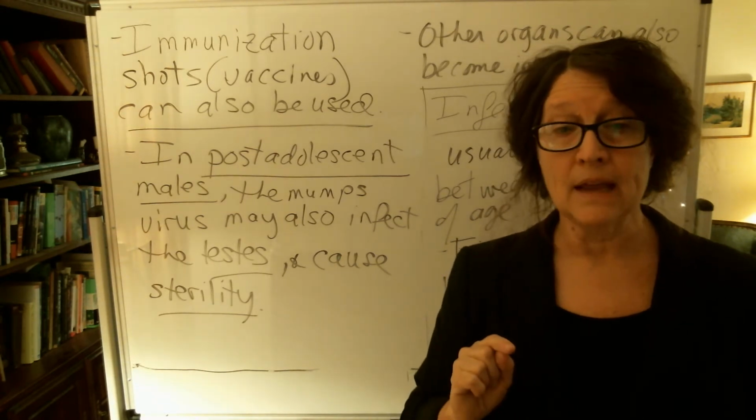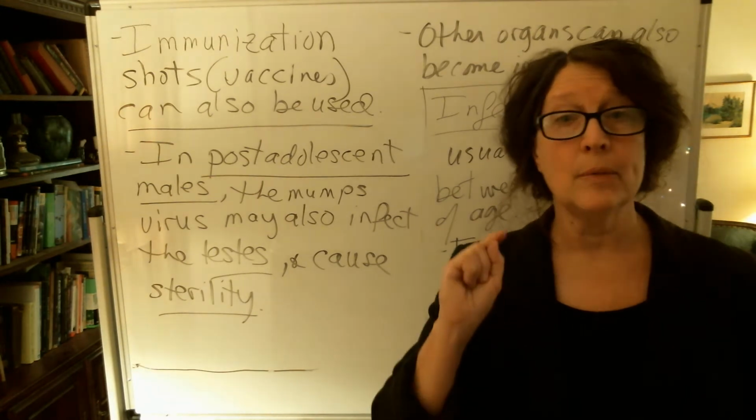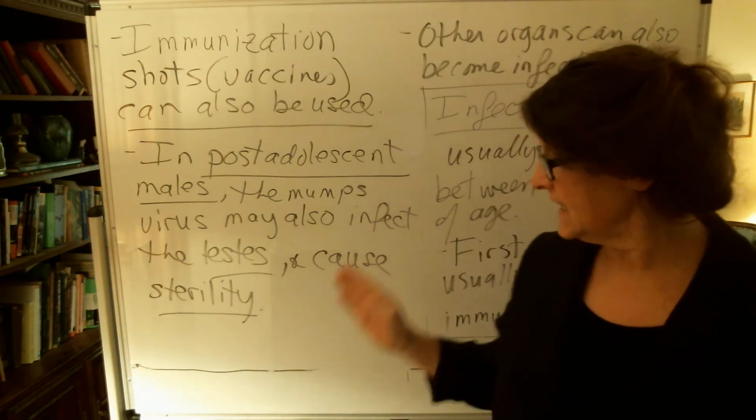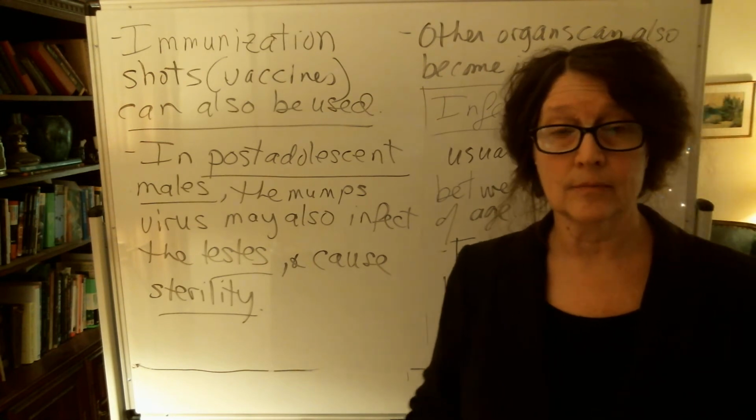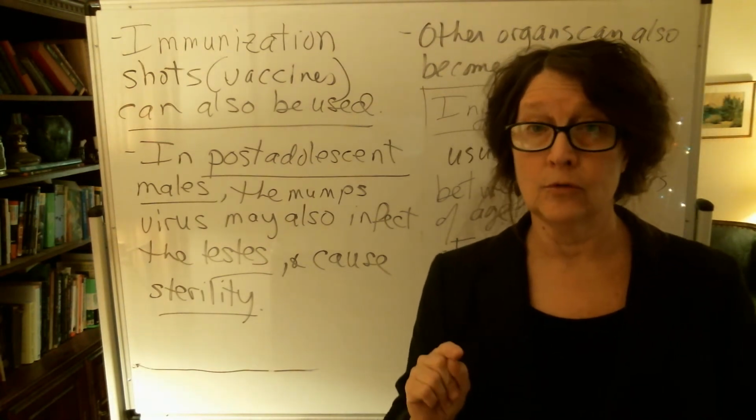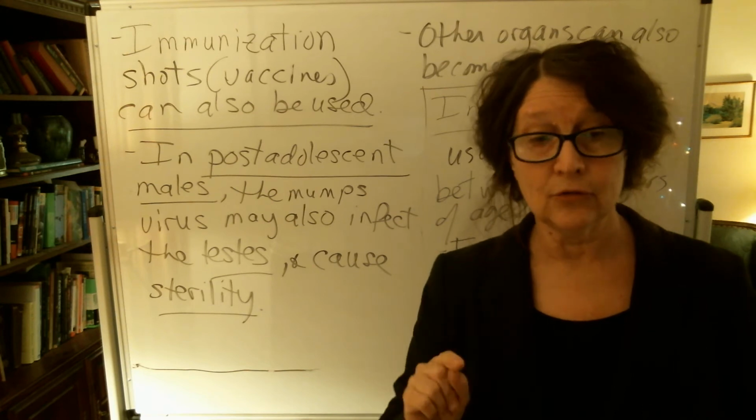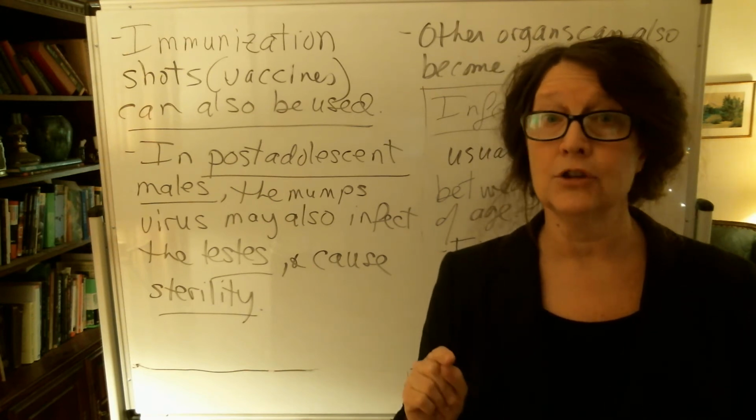If you are a male, then you may wind up having that mumps virus attack your testes. And if that happens, you very likely will wind up infertile, sterile. You can no longer have children.